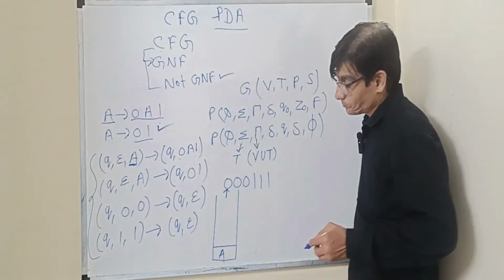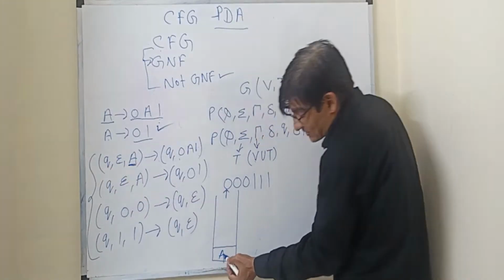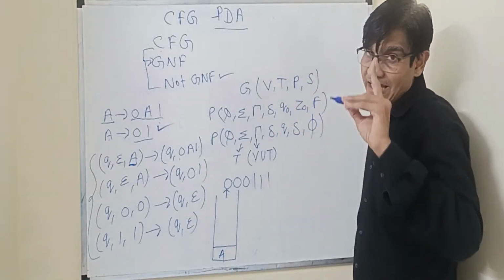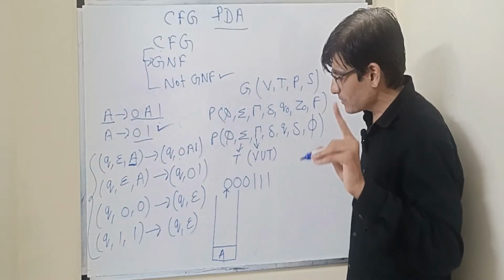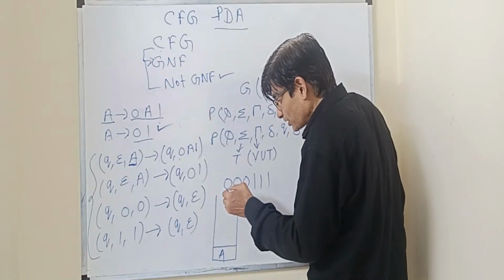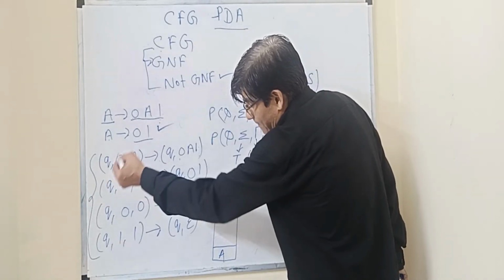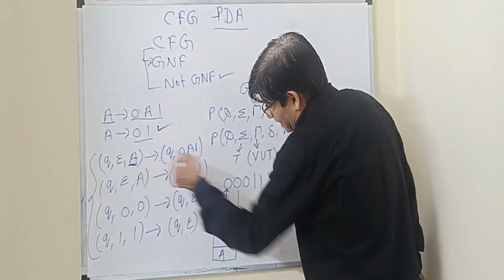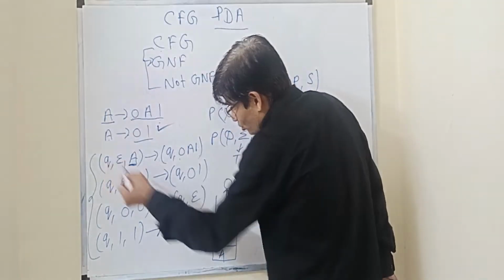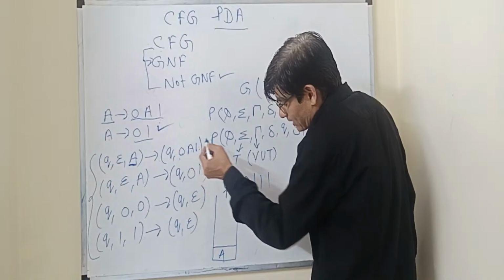Now you can see the stack top is a variable. In this case, we will not read any symbol from the input. The pointer is here, but we will not use this input and we will consider we are reading epsilon here. So in case of epsilon, the current stack top is A and we are in Q, so we will stay in Q and we will insert 0A1 into the stack.